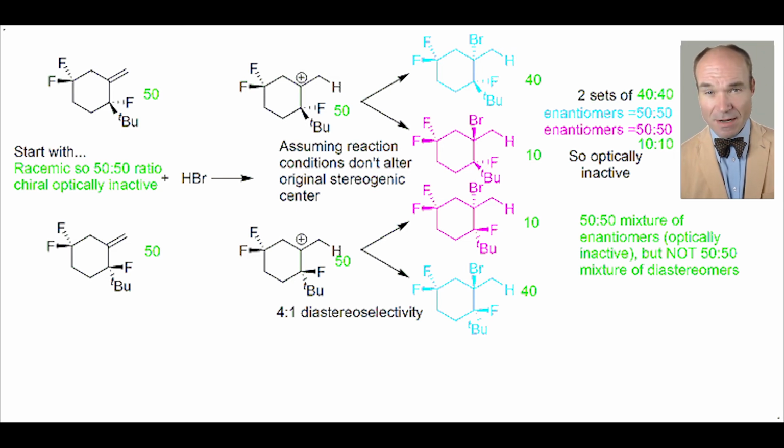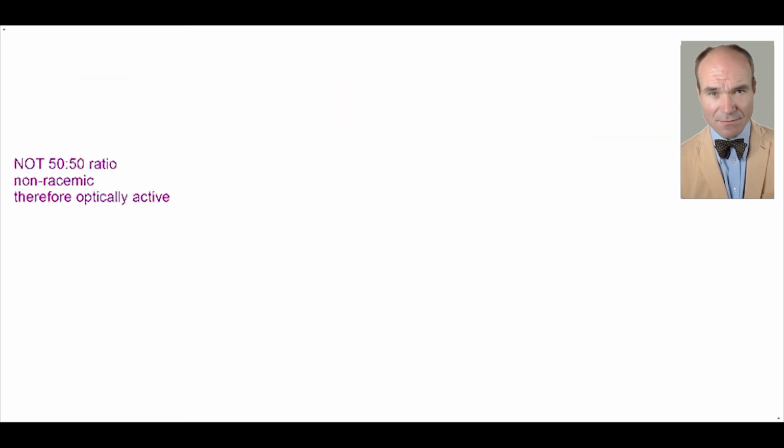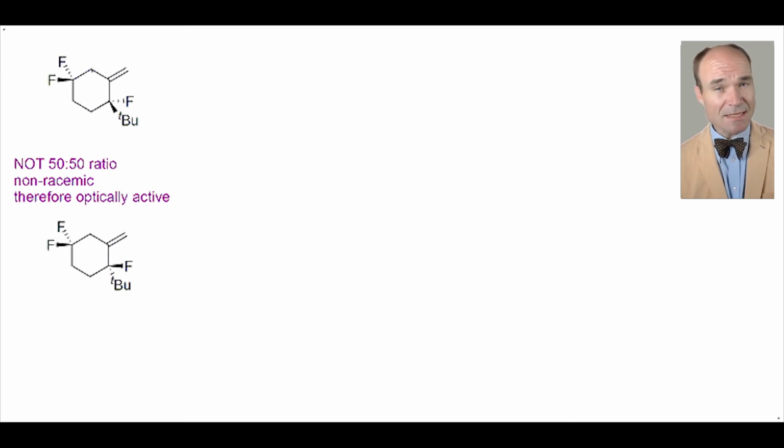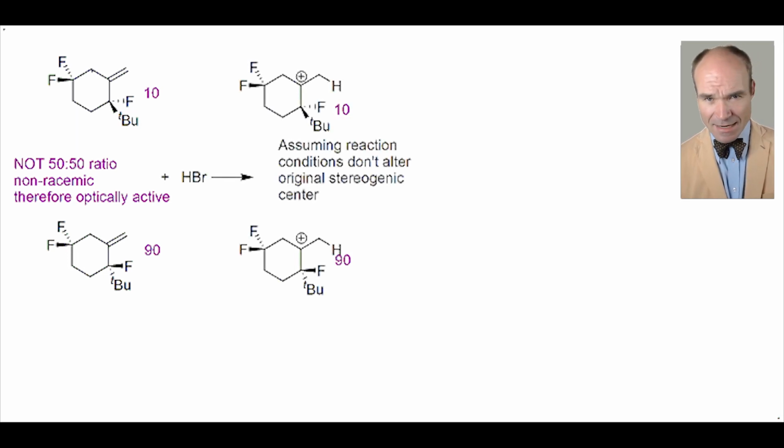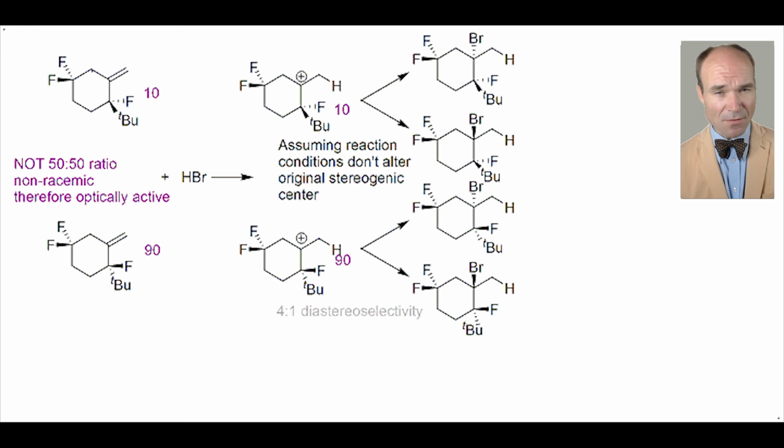In the next scenario, there is not a 50-50 ratio of enantiomers. So, overall, the substrate is non-racemic, so optically active. To be more specific, if there is a 90-10 ratio of the enantiomers, this will carry through to the intermediate, and the four products generated with a 4:1 diastereoselectivity will provide a ratio of 2 to 8 to 18 to 72.